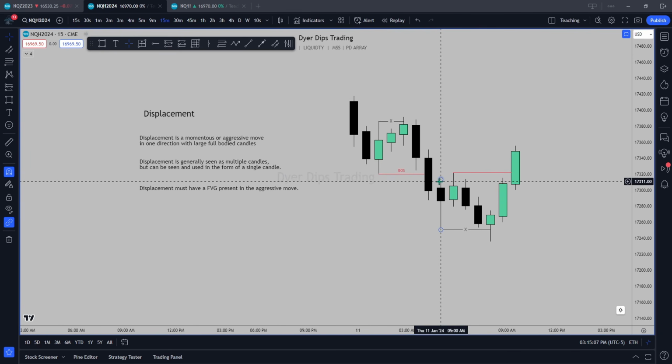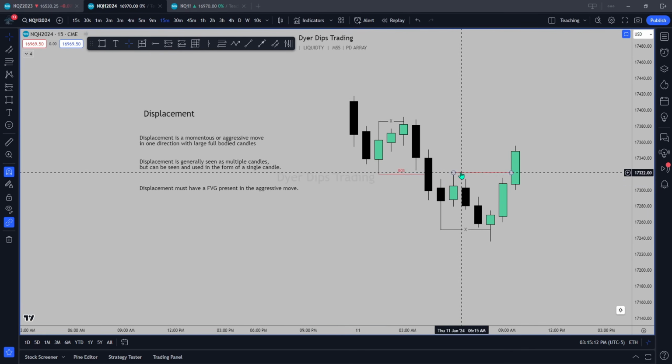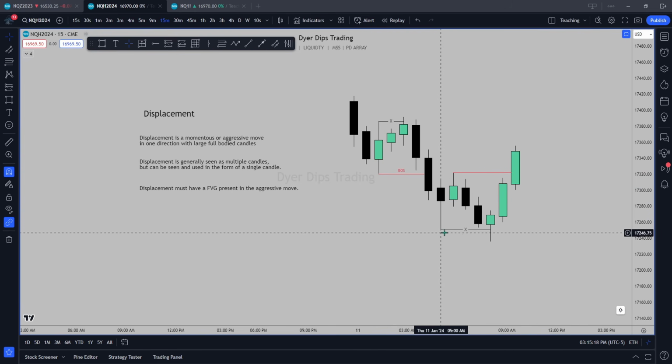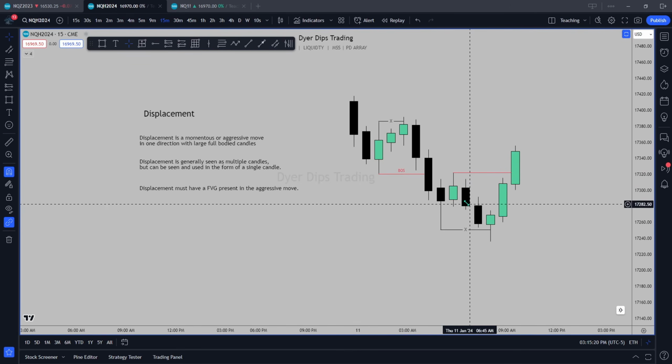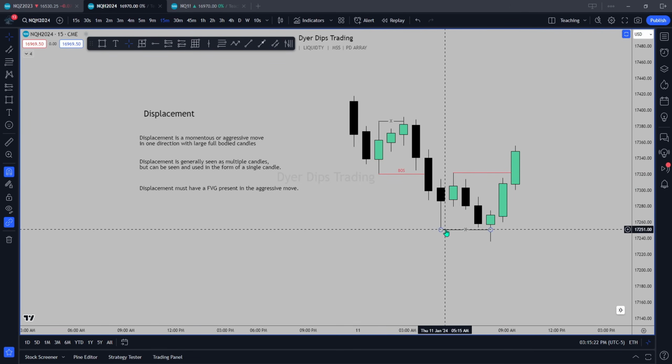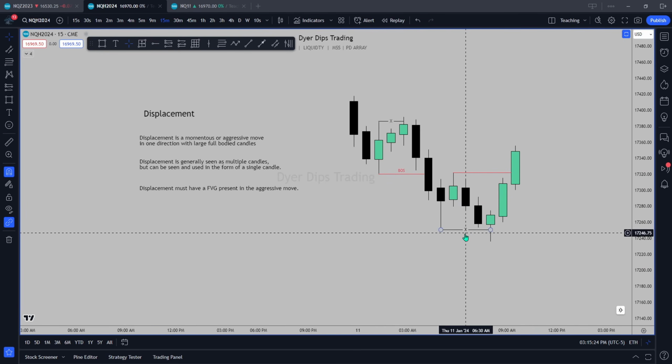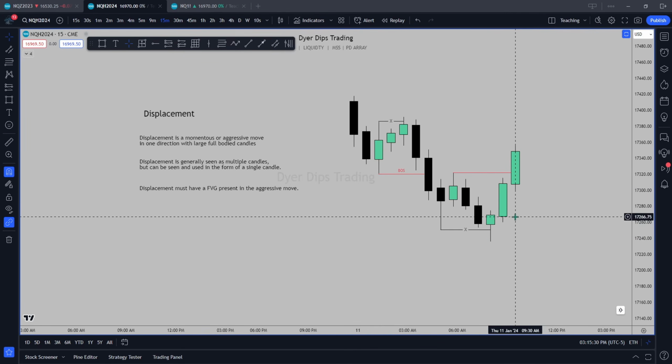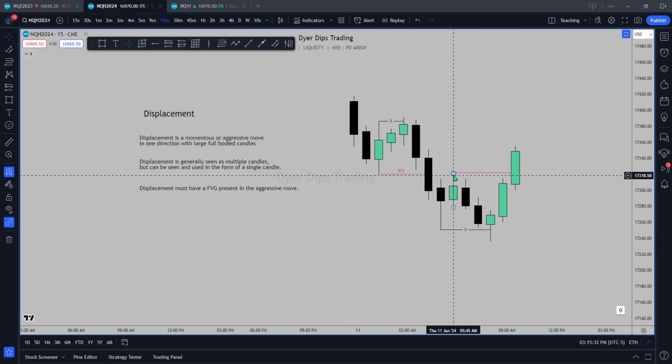Now, depending on the time frame, and we'll get into this later, this could be considered a liquidity point as well, even though it's not a swing high. But essentially, what you can see here is we end up coming down and we fail to displace below this low. There's no fair value gaps in this leg down. There's no closure below this low, and this ultimately becomes a failure to displace or a liquidity sweep, meaning we can expect price to revisit higher prices, at least to this candle's high and potentially up into this swing high here.